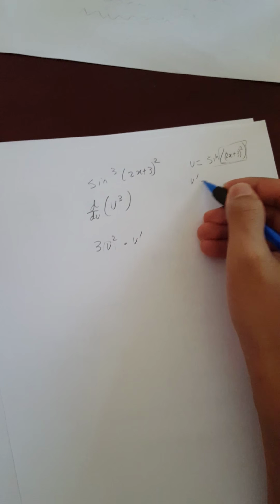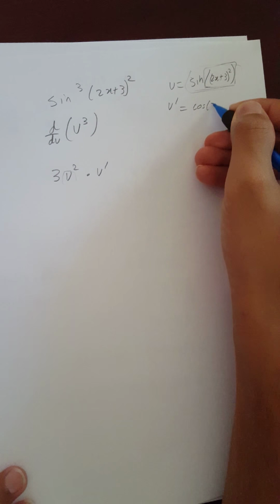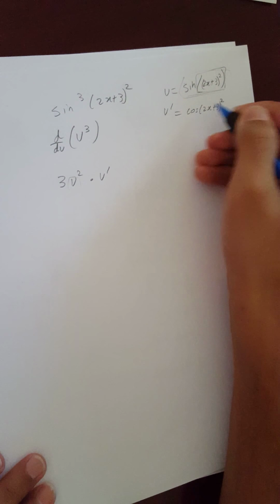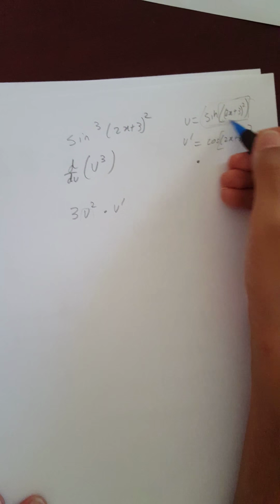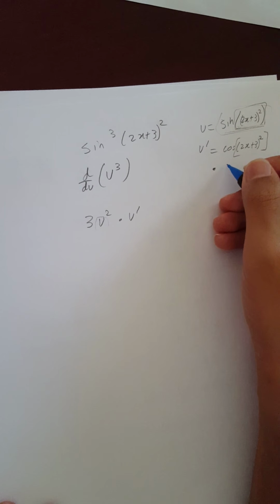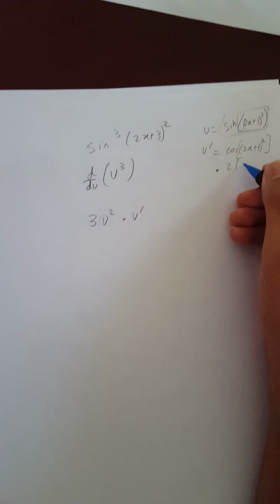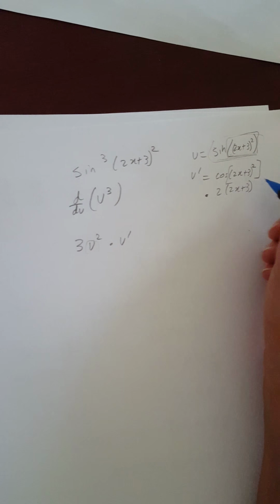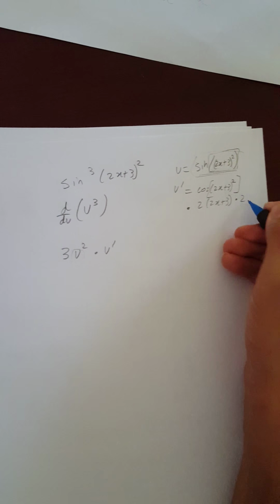u prime is equal to the derivative of this, and this is cosine of (2x plus 3) squared, that's the argument, times the derivative of the inside, which is 2, as you bring the 2 down, times (2x plus 3), times the derivative of the inside of that, 2x plus 3, which is 2.